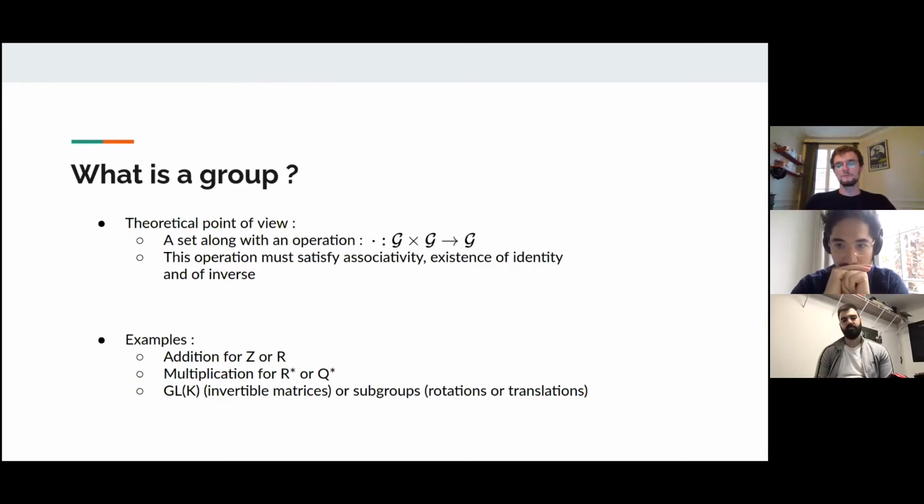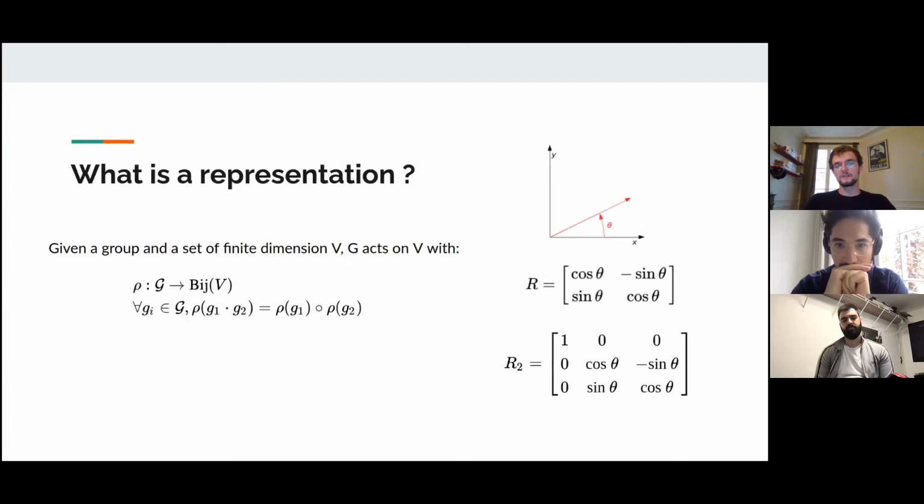These groups can be thought of as representations, because given an abstract group and a finite-dimensional set, one says that a group acts on this space by associating with each element of the group a bijection from the space to itself.